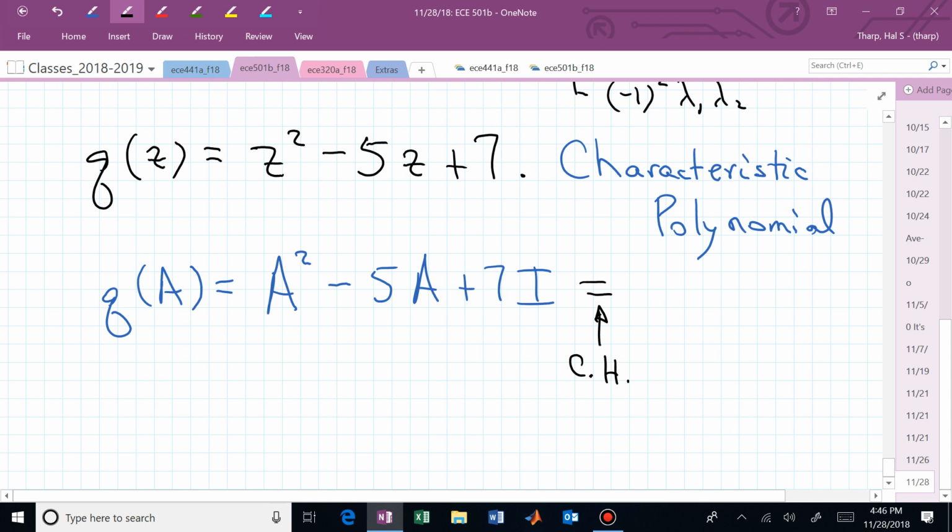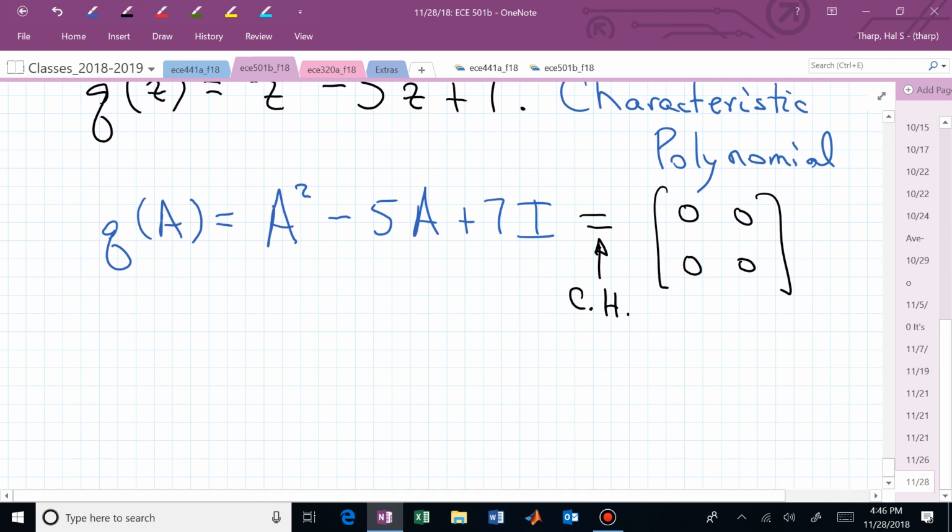Does that help? Charles Hardy? No. Kaylee Hamilton? What does that tell us? That tells us that that is the zero operator. So we know that the matrix A satisfies its own characteristic polynomial. And now, if you didn't want to square A, you could find it as a linear combination of A and the identity matrix.